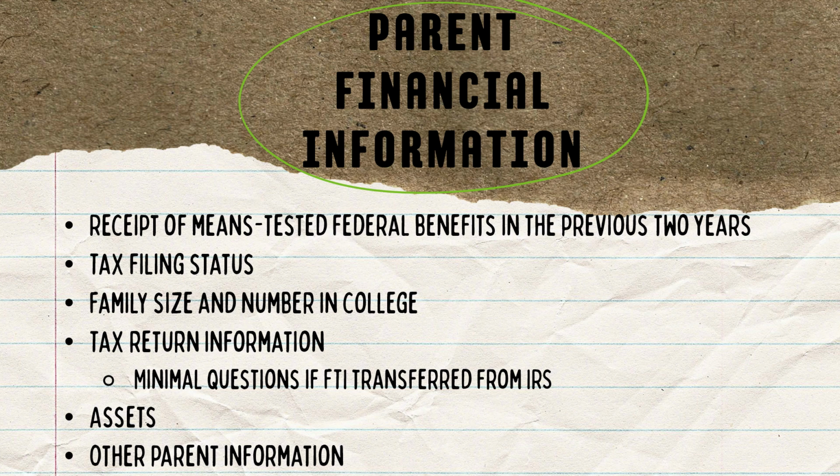The financial information requested about means-tested federal benefits includes questions about the benefits received. This includes Medicaid, Supplemental Security Income, which is SSI, free or reduced school lunches, SNAP, which is the Supplemental Nutrition Assistance Program, and WIC, Women, Infants, and Children's Programs.